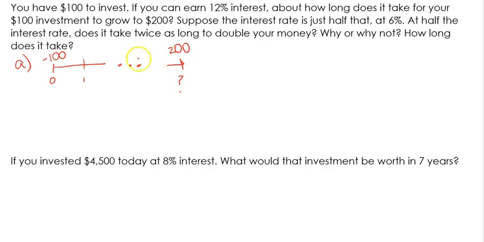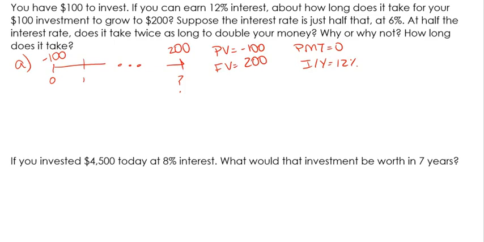We are not making any additional deposit, so there is no payment. We're only making that one $100 initial deposit and nothing additional to that. So our present value, the negative 100, our future value is 200, the payment is 0, and our discount rate is 12%.